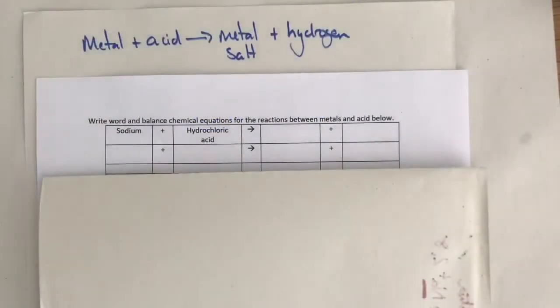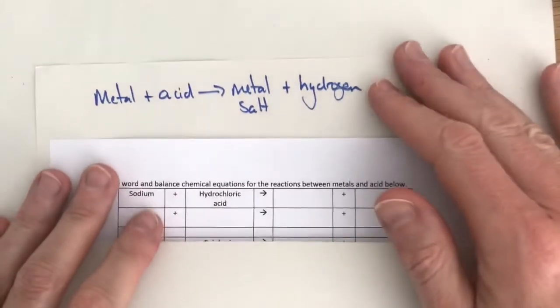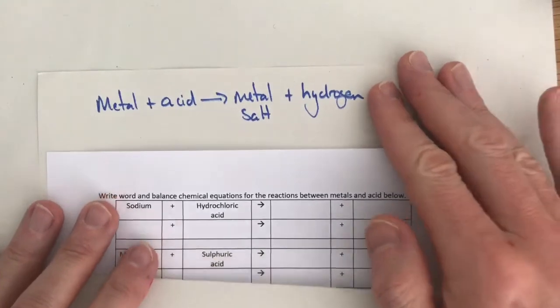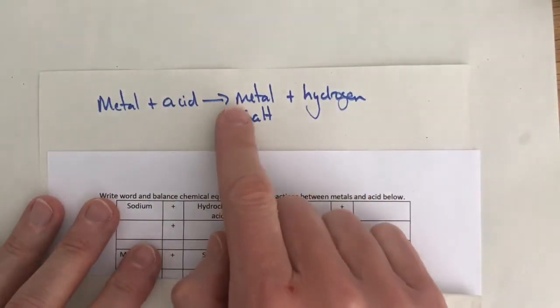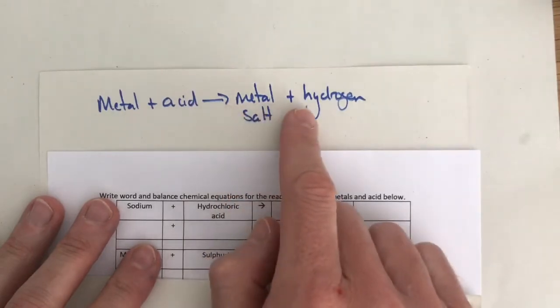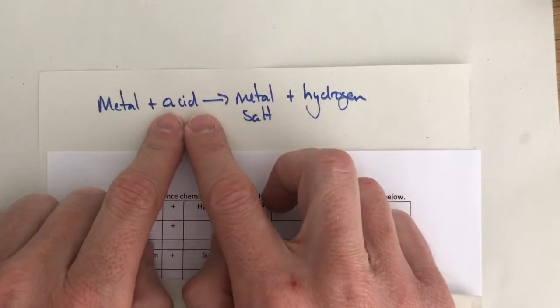In this part of the video, we're going to focus on one of those categories of reactions with metals: metals reacting with acids. It's worth reminding ourselves that when you react a metal with an acid, you make a metal salt and you also release hydrogen gas. Hydrogen gas is released because all acids contain hydrogen.